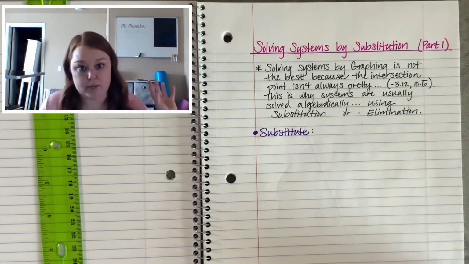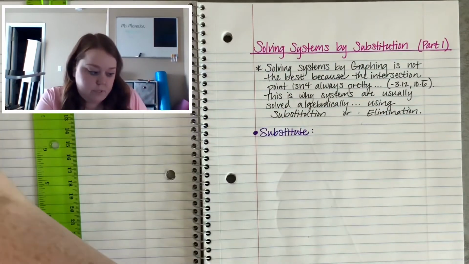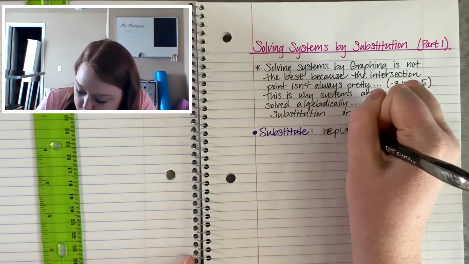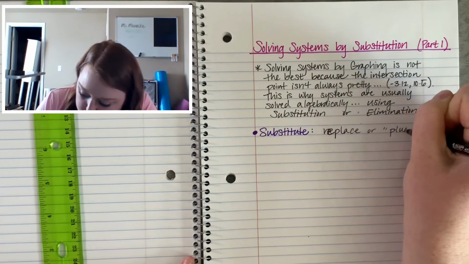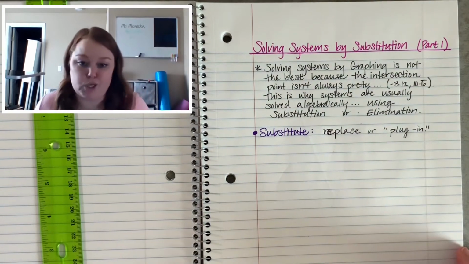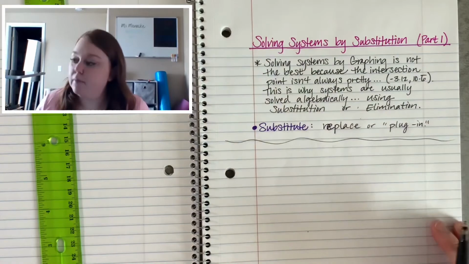They're replacing that player with somebody else, okay? That's how I want you to think of substitution. It's to replace or plug in. And you're going to hear me say that a lot too, plug in, right? So just a quick little vocab.